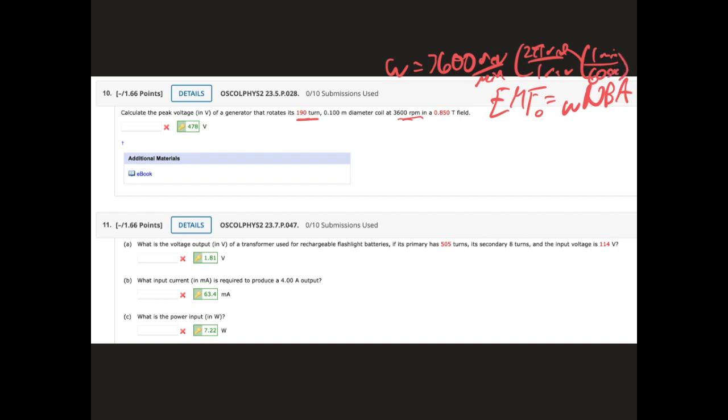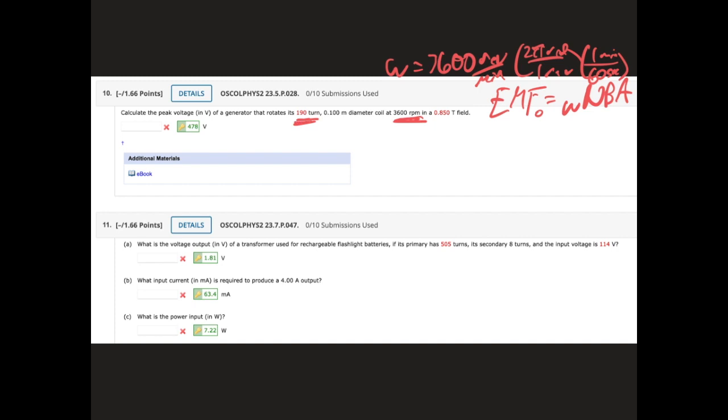We can multiply by 2 pi, divide by 60, and we'll get the rate of rotation, the angular velocity, omega, in radians per second, which is what we need. So then we'll have the rate of rotation here, and we'll have the number of turns.